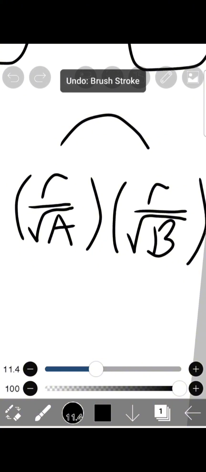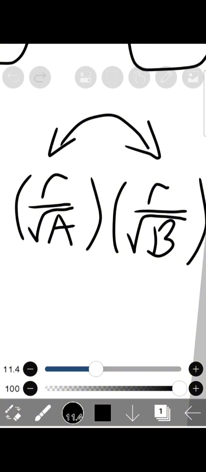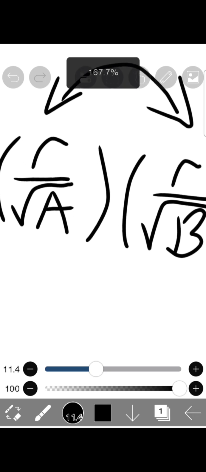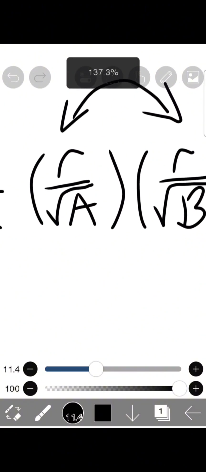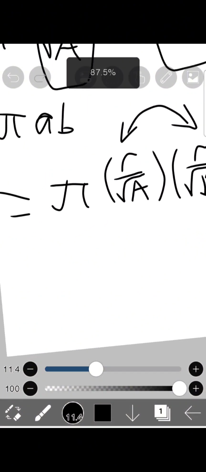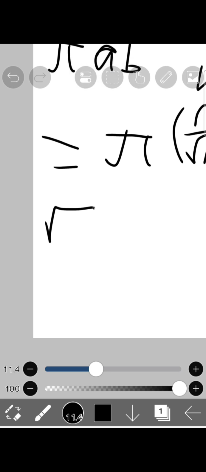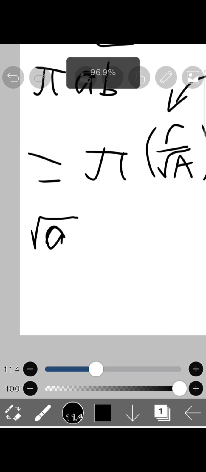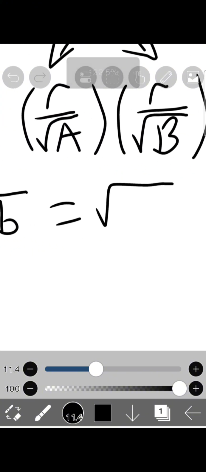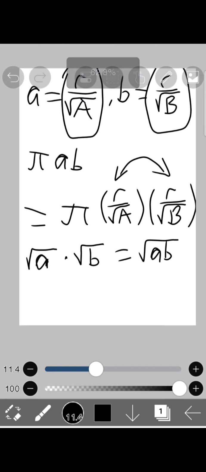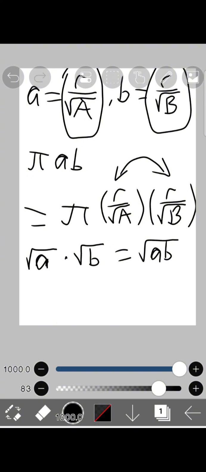In our numerator, r times r is r squared. And what's square root of a times square root of b? Well, let's look back at the laws of radicals. Square root of a multiplied by the square root of b is also equal to the square root of ab. So we can now go ahead and combine this.